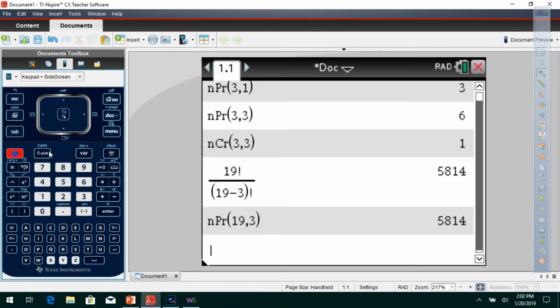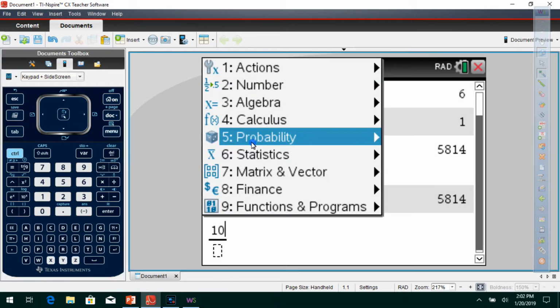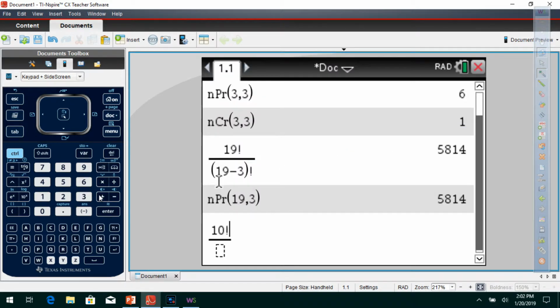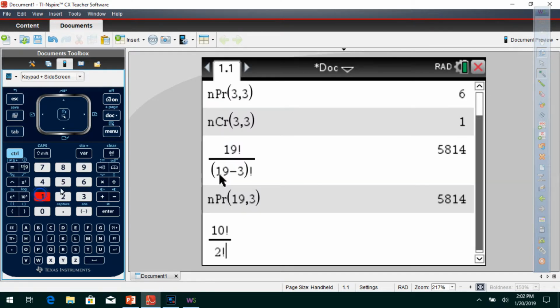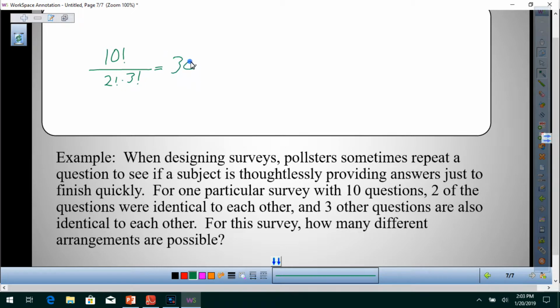So we have control divide, 10 menu 5 1 over 2 menu 5 1 times 3 menu 5 1, and that gives you 302,400. So there are 302,400 different possible arrangements for 10 questions.